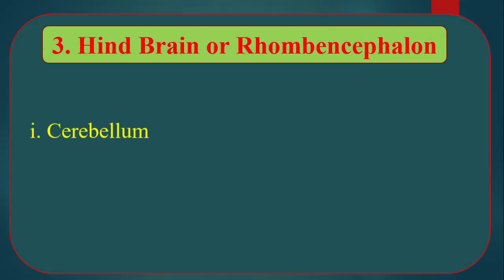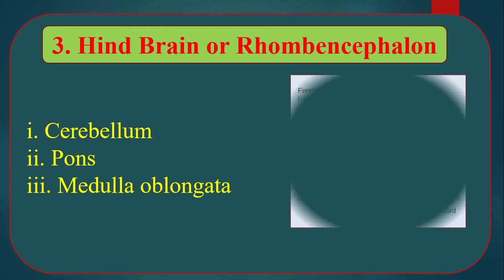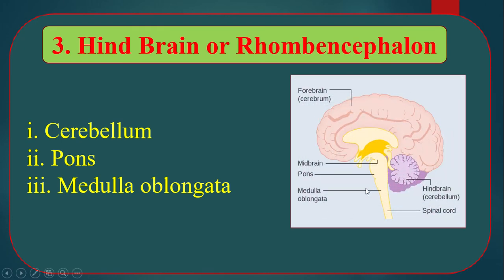Hindbrain or rhombencephalon is formed mainly by three parts. Number 1, cerebellum, number 2, pons, and number 3, medulla oblongata. Follow the picture. This is cerebellum, which looks like cerebrum. It is also divided into two parts. This is pons, just beneath the midbrain, and this is medulla oblongata, which is beneath the pons.